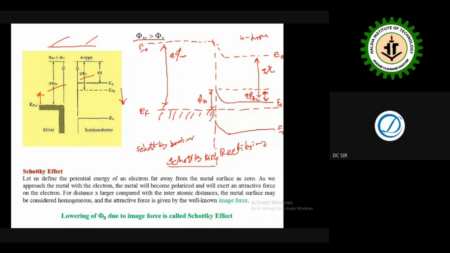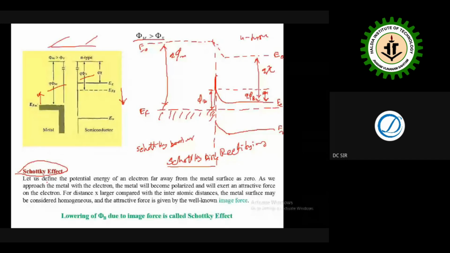So due to the Schottky effect, electrons move from the semiconductor to the metal side. We discuss that Schottky effect. Let us define the potential energy of an electron far away from the metal surface as zero.